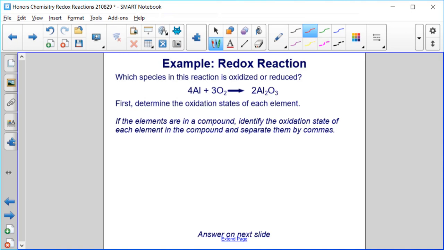Remember that elements in their standard state have oxidation states of 0. So this aluminum here has an oxidation state of 0. It's just aluminum metal. There's no charge there. The same thing is true here of this O2. That's the way we find oxygen in its natural diatomic state, right? It's O2, the element, the gas.